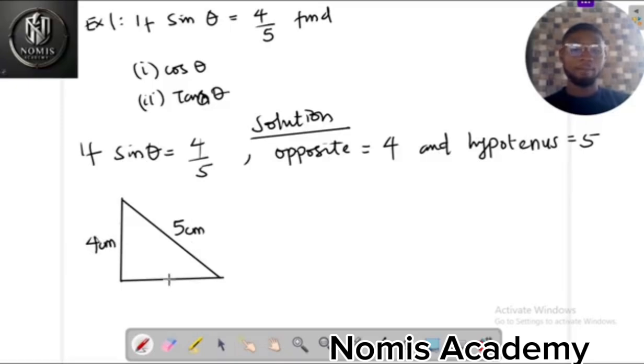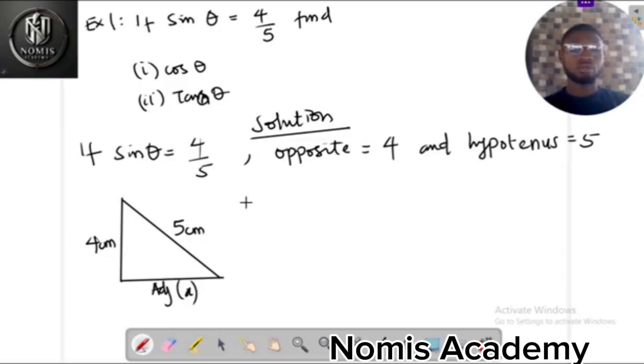We need the adjacent, so let's name the adjacent x. For me to get cos theta, cos theta is adjacent over hypotenuse, and I'm not given the adjacent in the question. That means I will need Pythagoras theorem to find the adjacent, so that I can now calculate cos theta and tan theta.